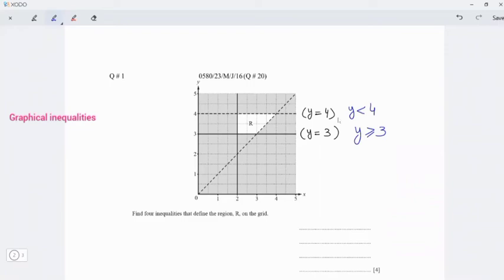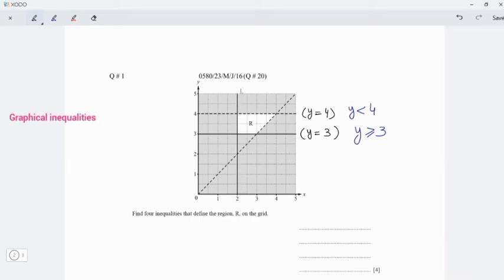Coming to the next inequality, we are discussing the other line that is parallel to the y-axis. You can see this line is passing through x equals 2. So at every point on this line, the value of x is constant.